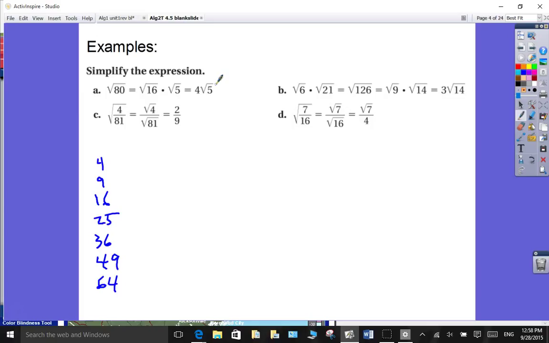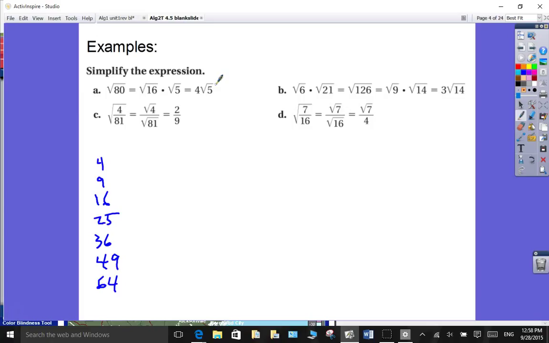Notice on the letter B, they're actually kind of going the opposite direction. They've got the product of radicals, the square root of 6 times the square root of 21. Neither one of those is a perfect square. Neither one of those has factors that are perfect squares. However, if you notice, both of them have a common factor. What is it? 3, right?